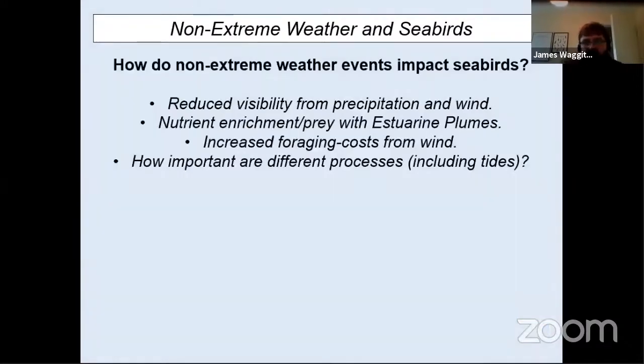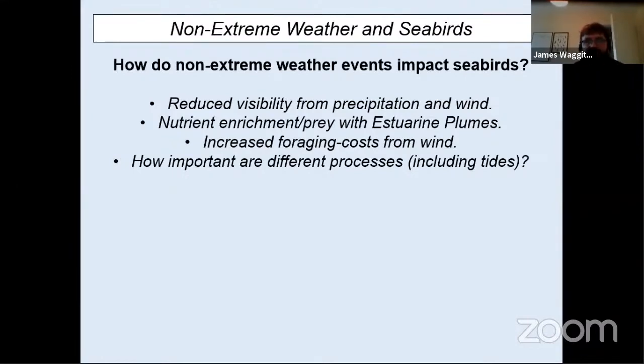This is the question which our research as part of the Assemble Plus program has sought to ask. So how do non-extreme weather events impact seabirds? I'm going to focus on 4 things here.